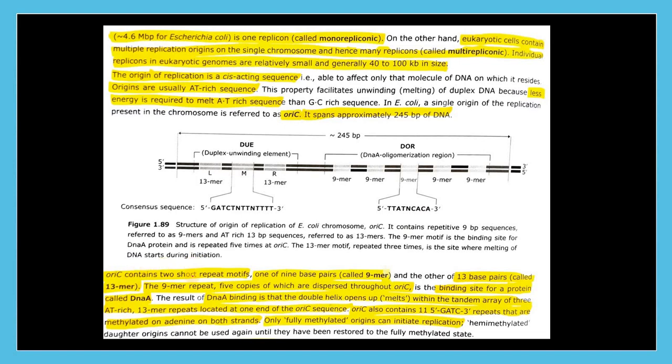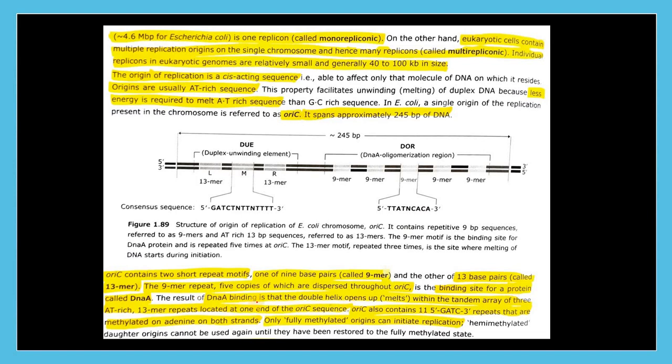Now OriC contains 2 repetitive short motifs, the same thing again, the 9-mers and the 13 base pair repeats. The 9-mer repeat has 5 copies which are dispersed throughout OriC and are the binding site of the protein DnaA.